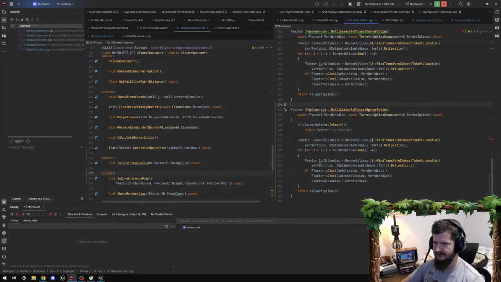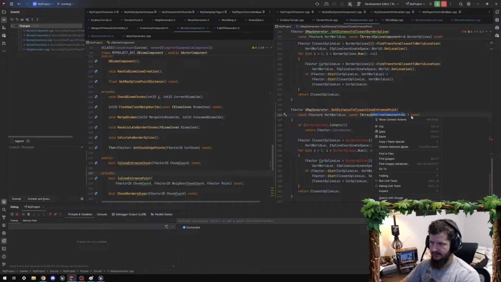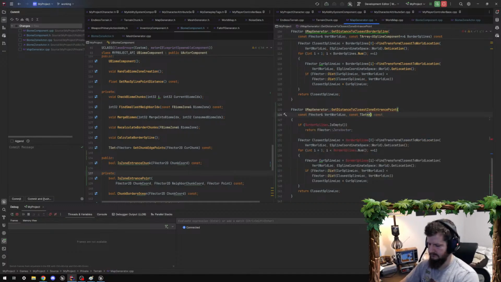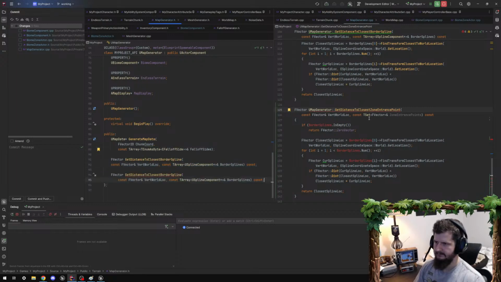This is going to be get distance to closest zone entrance point. And this will be what? It'll be a set, right? Is what I did. Okay, it's not gonna help me declare this. It's fine.